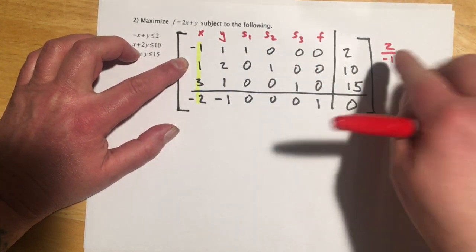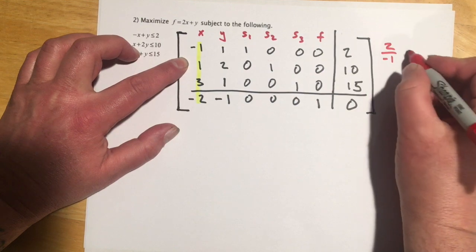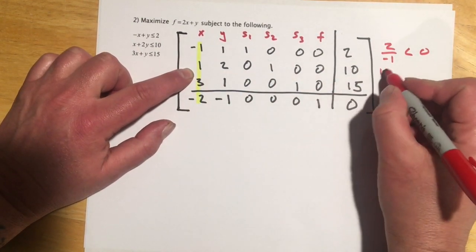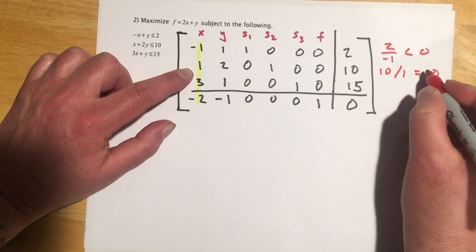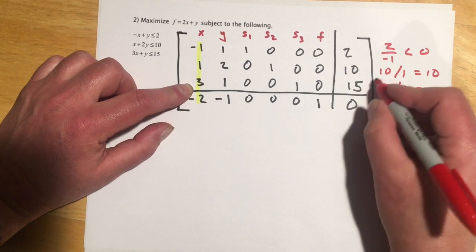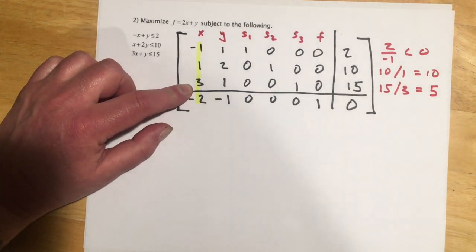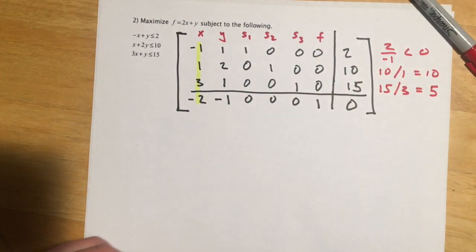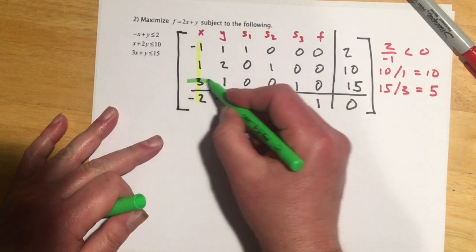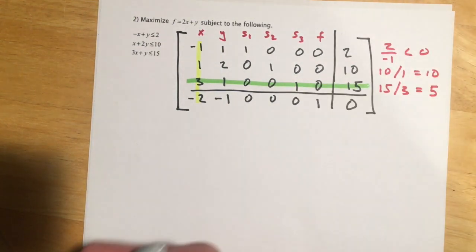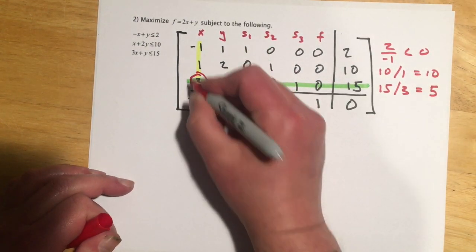And I don't think I mentioned this earlier, but if it's less than 0, then that doesn't count. Here we'd have 10 over 1, so that's 10. And here we'd have 15 over 3, and so that would be 5. So that makes the third row here our pivot row, so then that makes this 3 our pivot.